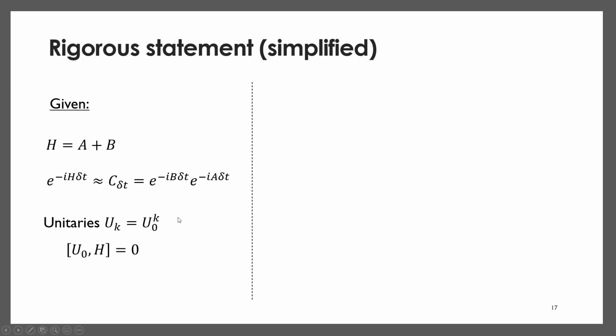For the symmetry transformation, we're going to use a unitary UK that has a special form. It is some U0 to the power K, where U0 commutes with the Hamiltonian. The reason why we choose this unitary UK will be clear later.